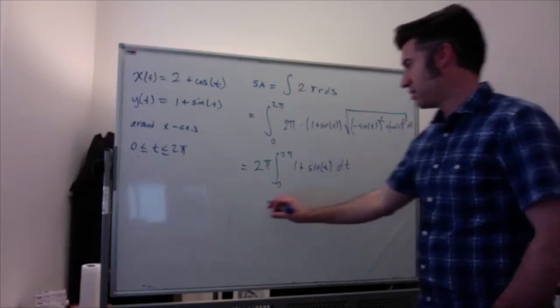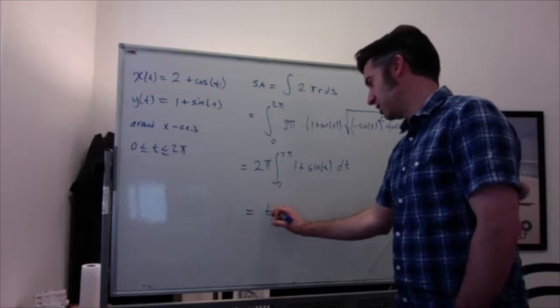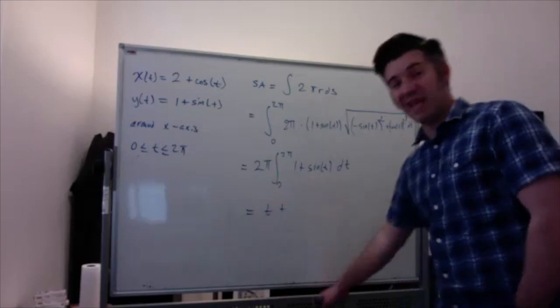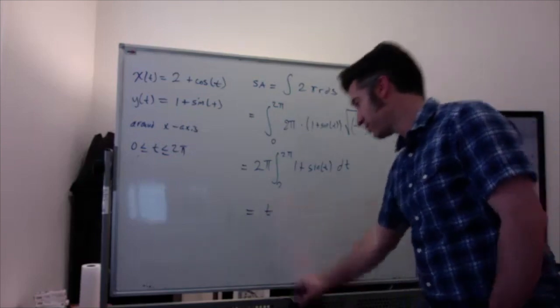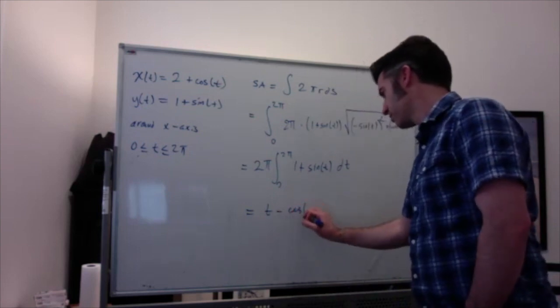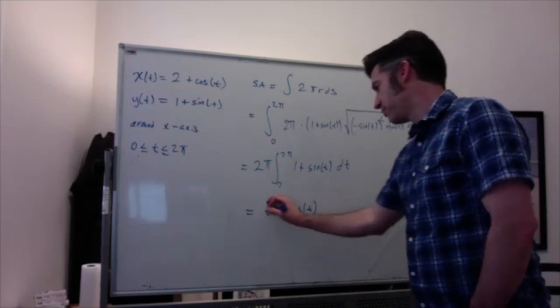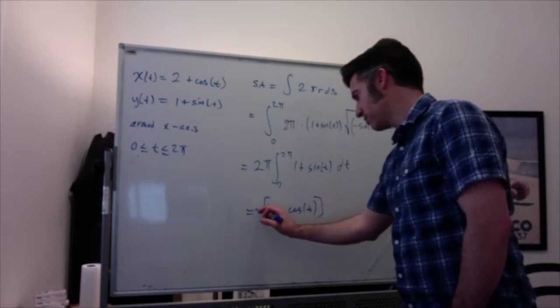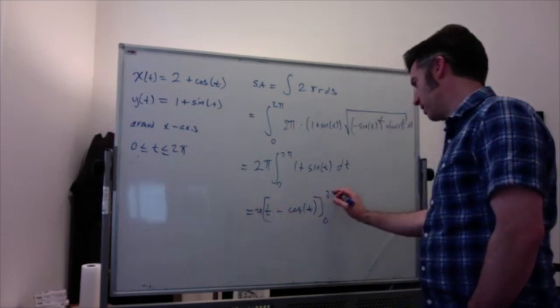So then we integrate this, you get t, plus integrate this, you get negative cosine of t, times 2 pi, from 0 to 2 pi.